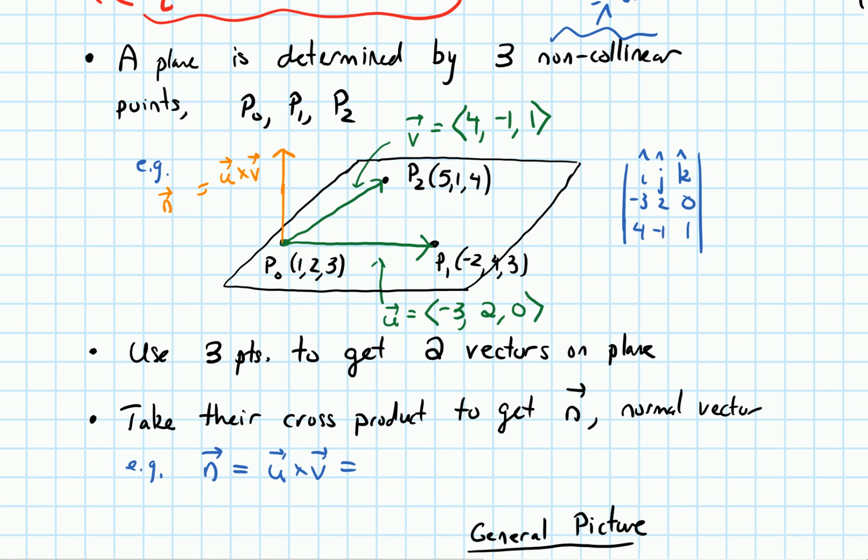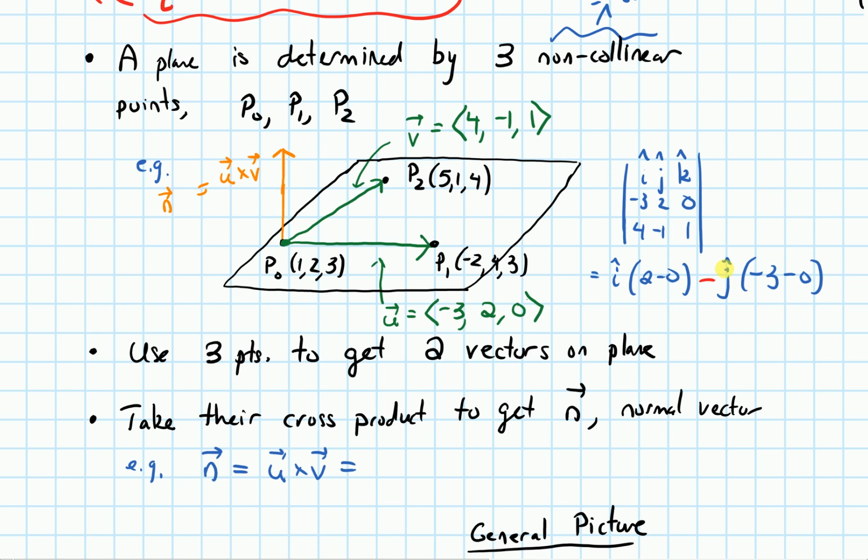Evaluating this determinant, we end up getting i hat times 2 minus 0. And in front of the j hat, we always put a negative sign. So negative j hat, multiplied by -3 minus 0.